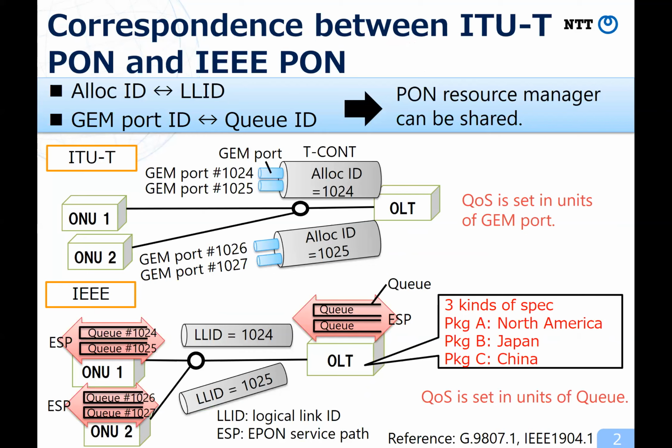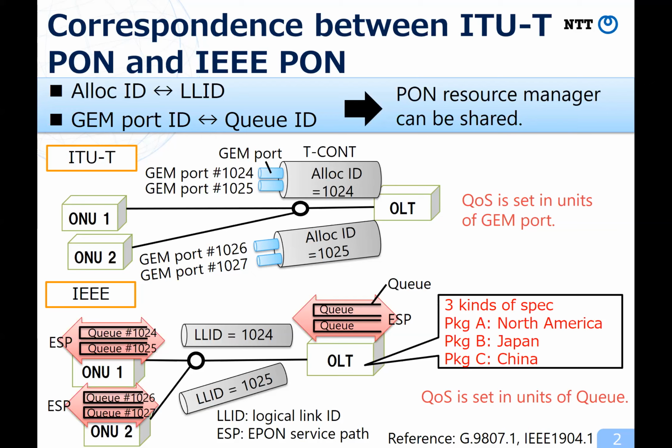This figure shows the correspondence between ITU-T PON and IEEE EPON. As you know, ITU-T PON defines logical links called T-CONT and GEM port. And QoS is set in the unit of GEM port. IEEE EPON defines almost the same concept as this logical link, and they are composed of LLID and QIDs. QoS is set in the unit of queue.